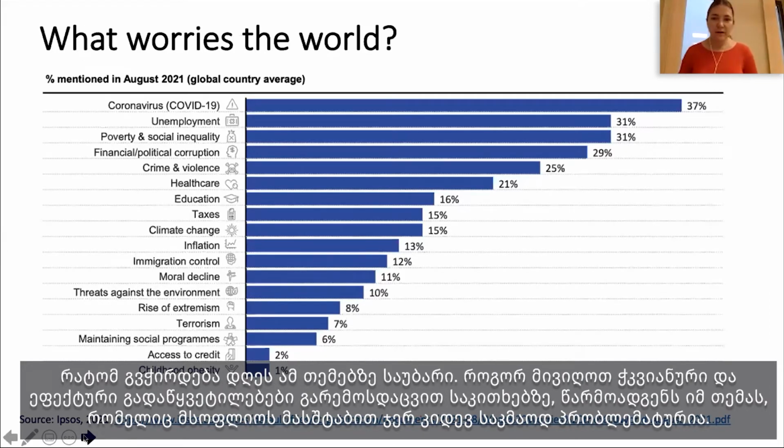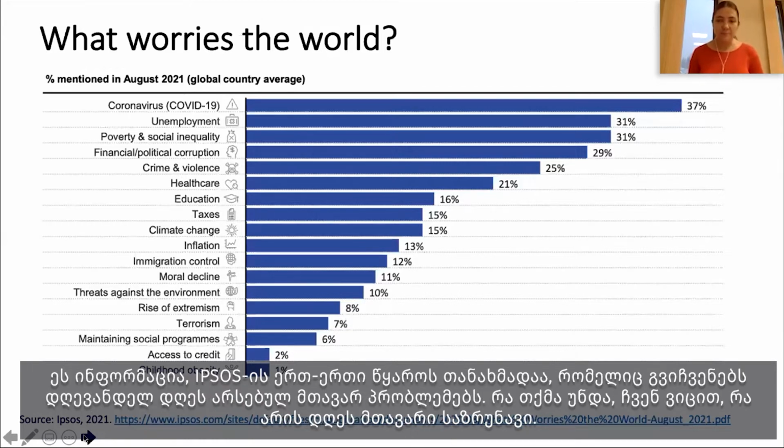Okay, so why do we need to speak about these topics today? Environmental issues, how to make smart and effective decisions, are that we still have quite a lot of problems in the world. According to one source, Ipsos, what are the main global concerns today? Of course, we know what is the top concern.